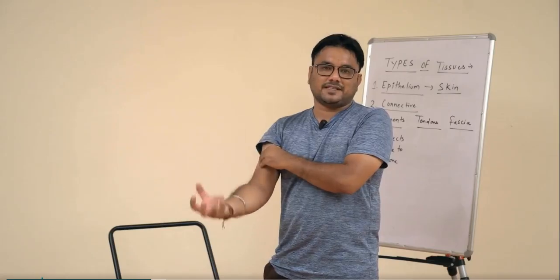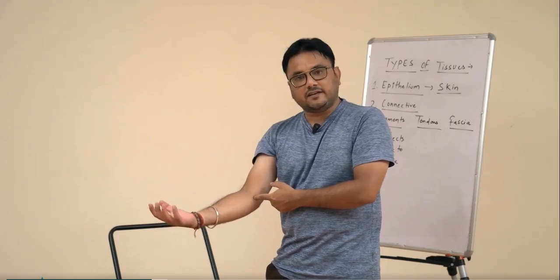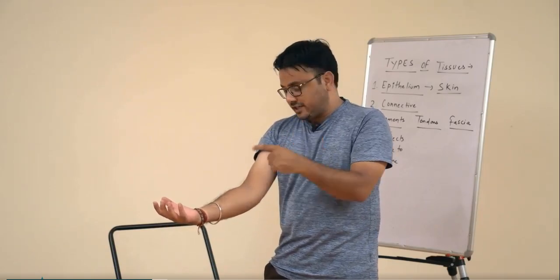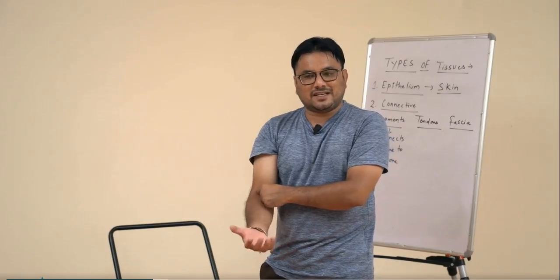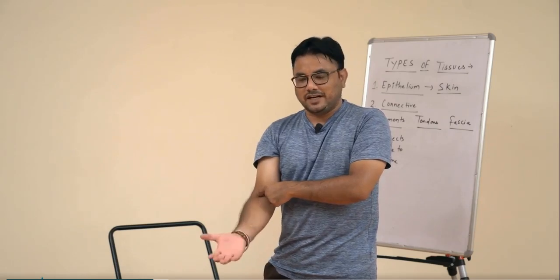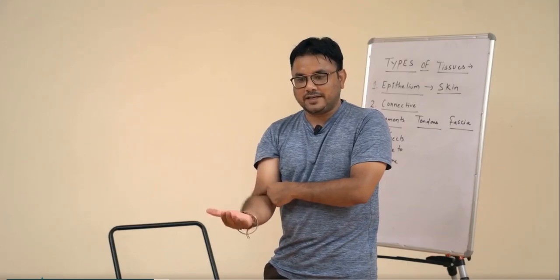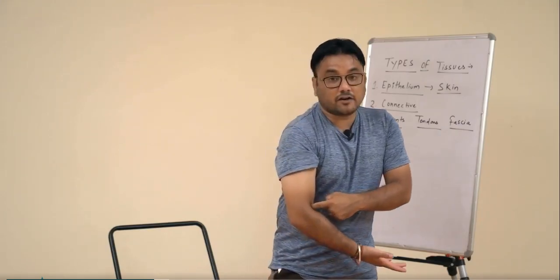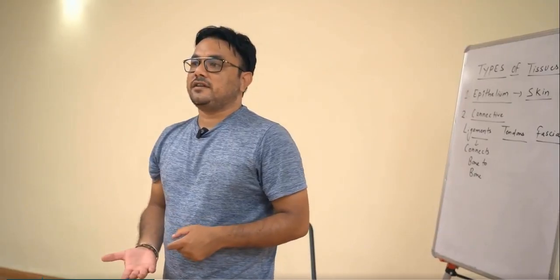Slightly bend your elbow, only 10 to 15 degrees, and place your index finger here. You can feel a structure with some elasticity. Slightly bend and straighten your elbow, and you feel here the tendon of your biceps. We call this the biceps tendon.